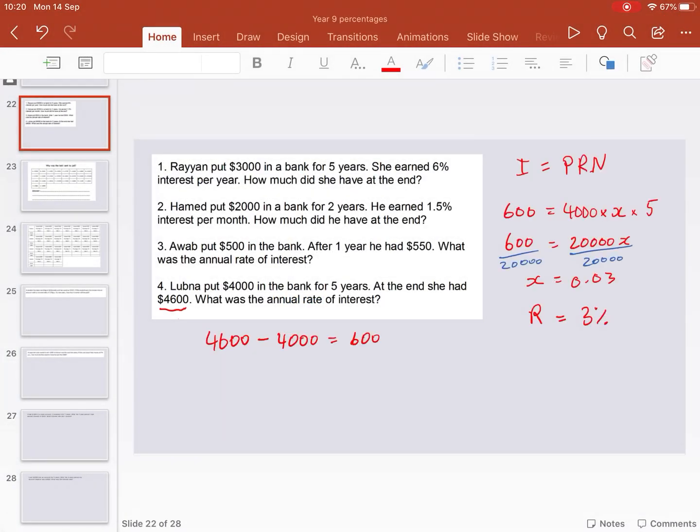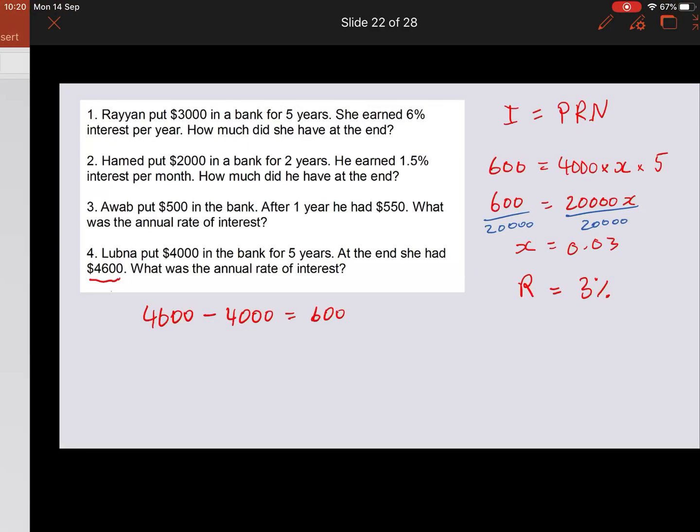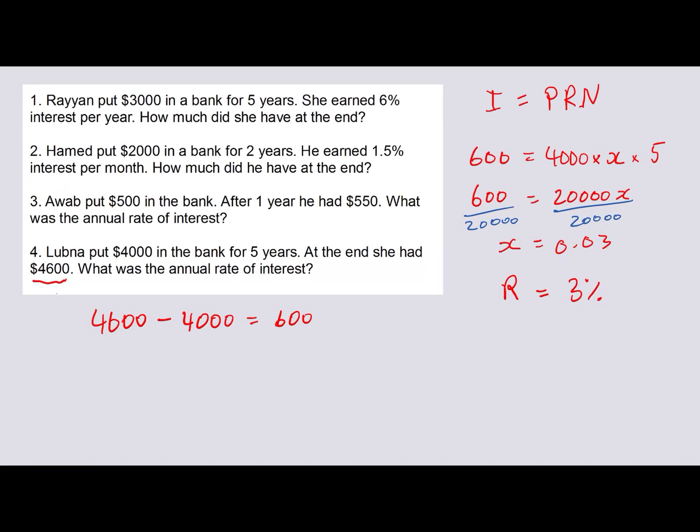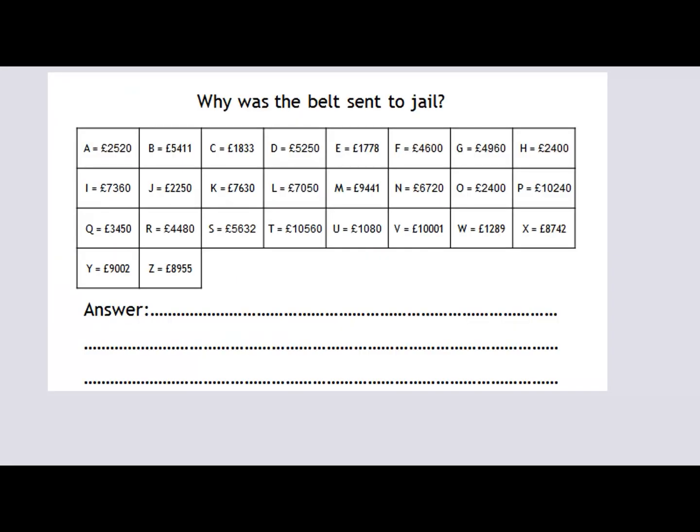So the annual rate of interest must have been 3%. Okay. I hope that makes sense. We finished everything. Let's just check. Sorry, bear with me 1 second. Yeah. So, of course, if you're unsure about anything, you're going to come on the call and get some help.